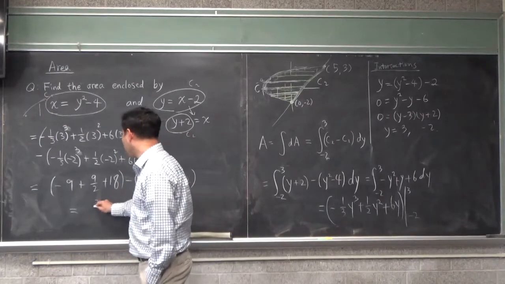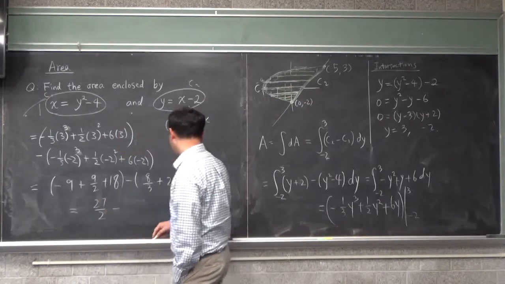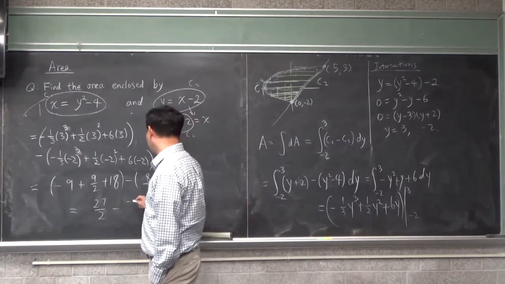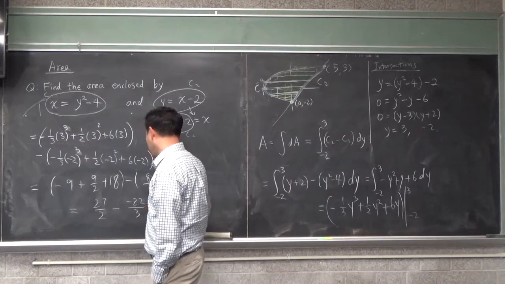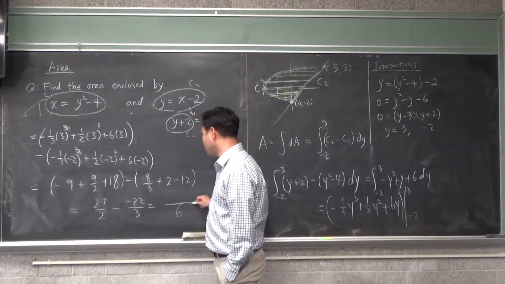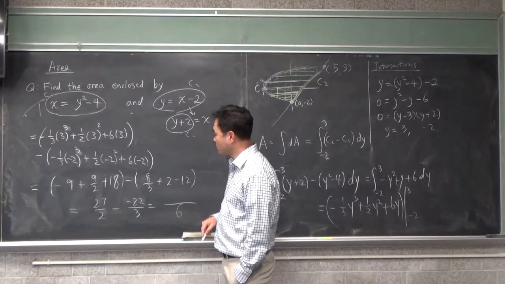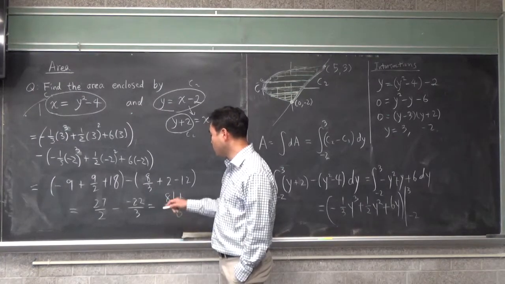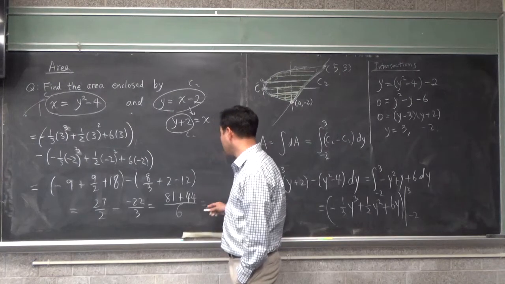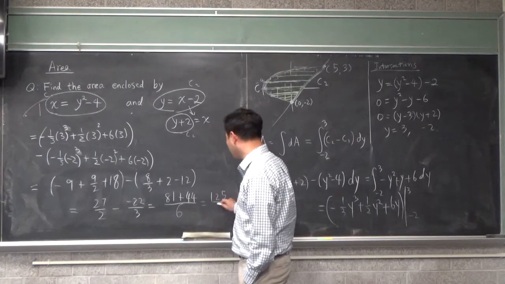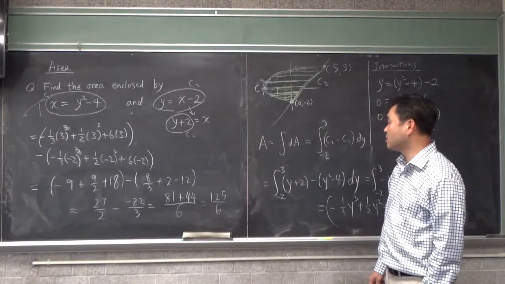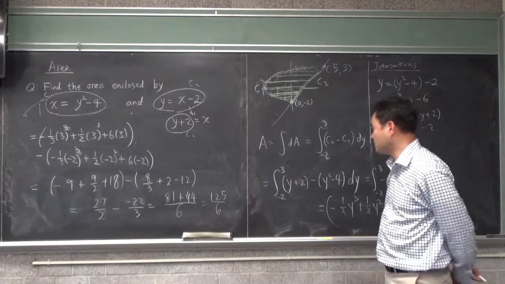So that's 27/2 minus -22/3. So let's see, over 6, what's that? 3 times 27 is 81, plus 44. So you get 125/6. Right? Okay, so that's the question.